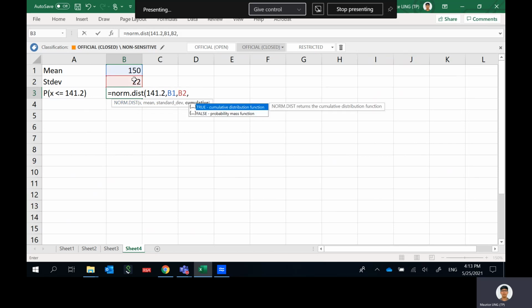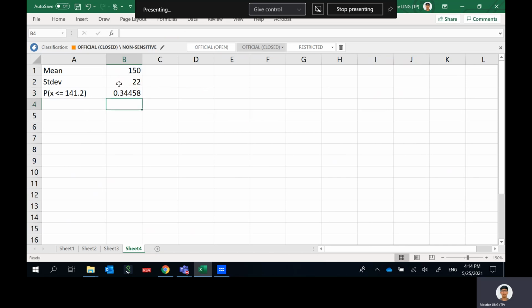Then it asks whether you want the cumulative or not. You want anything less than 141.2, so from 0 to 141.2, so the cumulative is true. That gives you 34.5%.